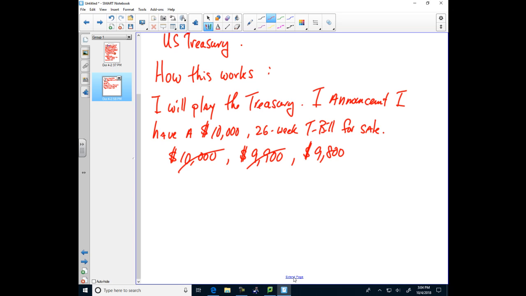So this thing is going to be worth $10,000 in 26 weeks. But if you gave $9,800 for it, then your interest is $200. We'll show you how to figure that as a percentage in a minute. That ain't much interest. Anybody taking 9,800? No, I'm not. Wait a minute, I'm the Treasurer. How about that?